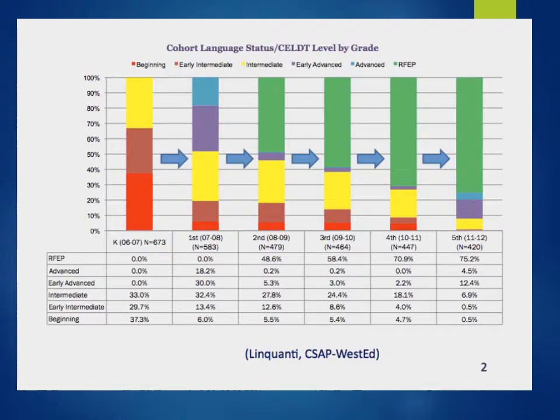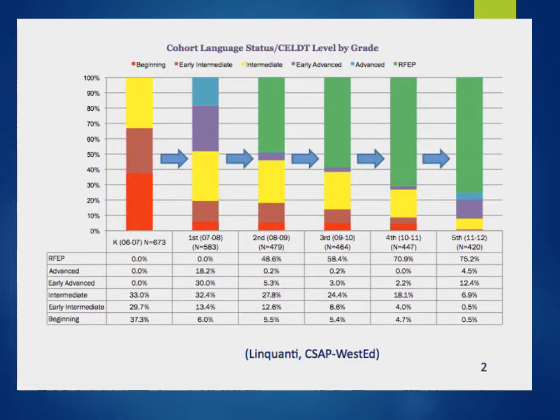If they all begin at some lower level of proficiency in kindergarten, by grade 5, you have a large percentage of them exited out for a number of years, with a very, very small percentage of that same cohort still remaining as requiring services.